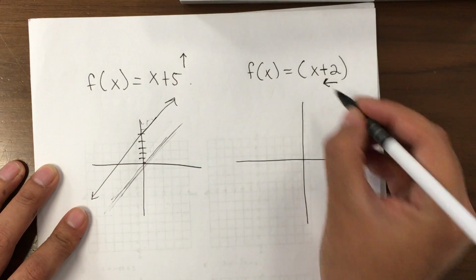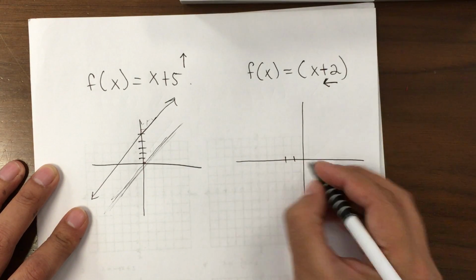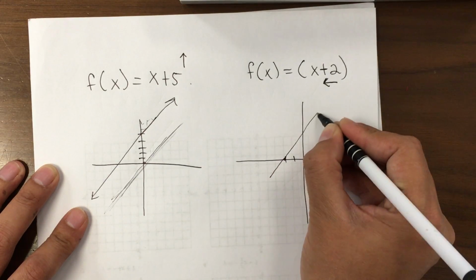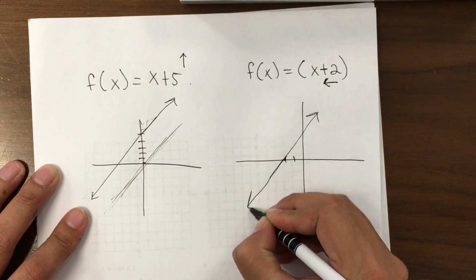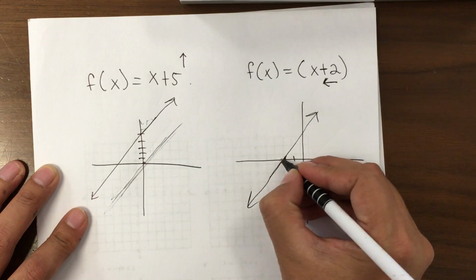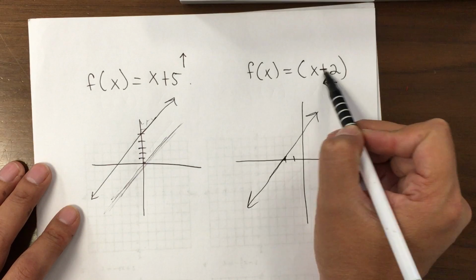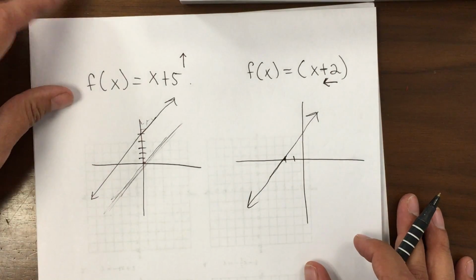How many spaces? In this case it's 2. So my line will go something like this. Okay, it moved 2 spaces to the left. What do you think is gonna happen if I put minus in here?